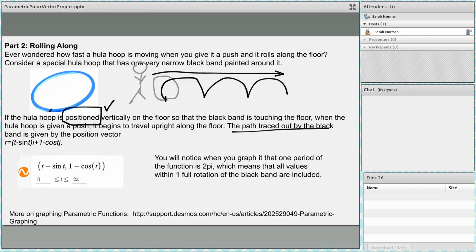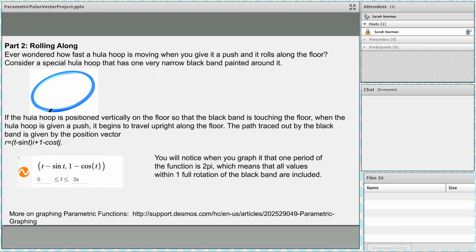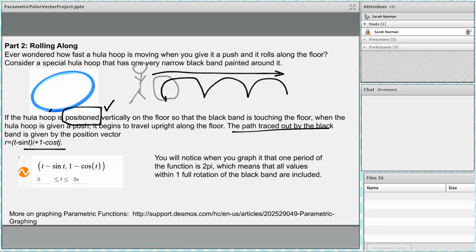So the path traced out is given by this position vector. In order to graph that position vector, if you want to use Desmos, you just type it in as you see there. You'll notice that when you graph it, well, I guess I should go back. One period of this function is 2 pi. And what that means is that this is one time that the hula hoop makes one full rotation.